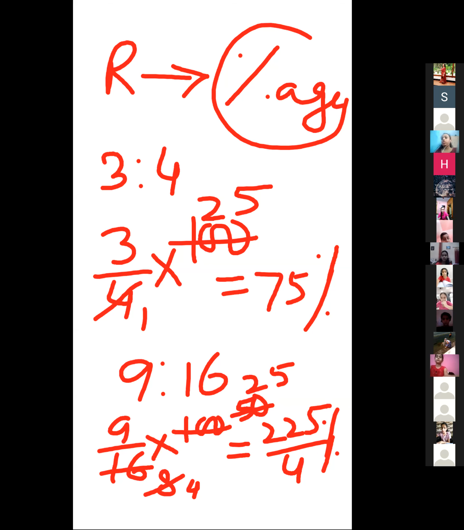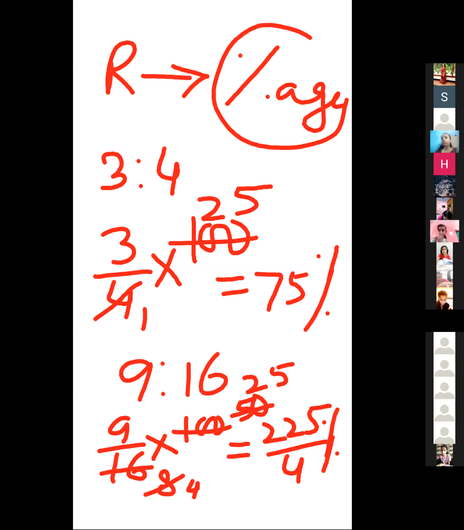Take out in decimal. Convert this into points. So what is the answer in decimal? Yes. 56.25. Very good.